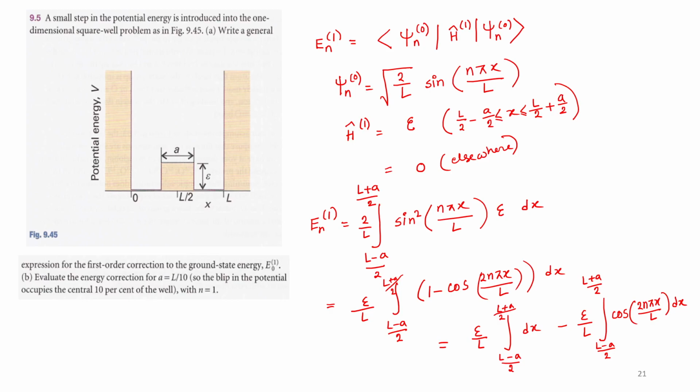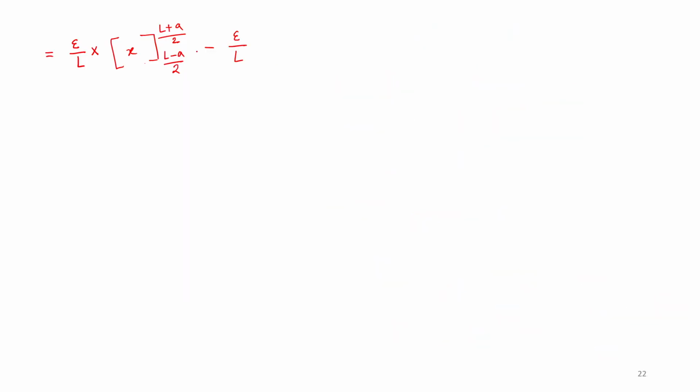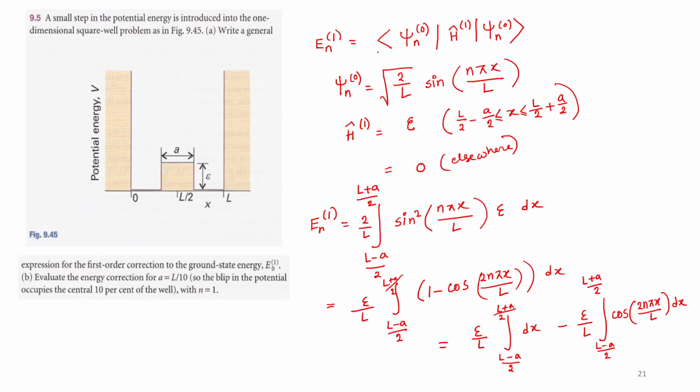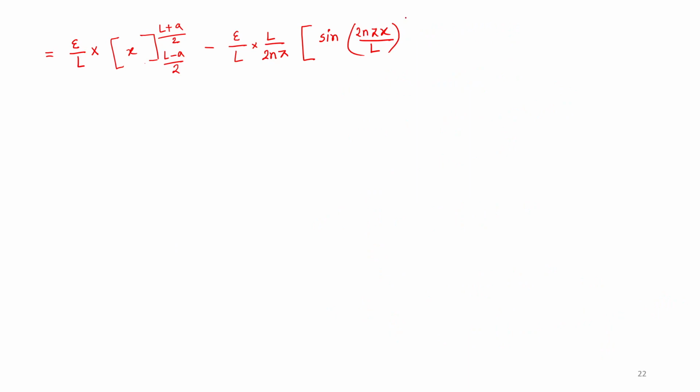And here I have epsilon by L, integration of cos 2n pi x by L, I will get L by 2n pi sine 2n pi x by L as integration, and again it is from L minus A by 2 to L plus A by 2. So first I'm going to get A by 2 plus A by 2.